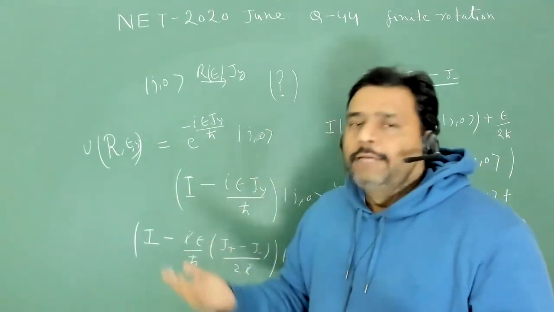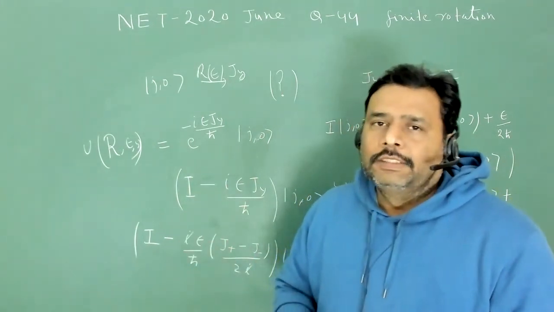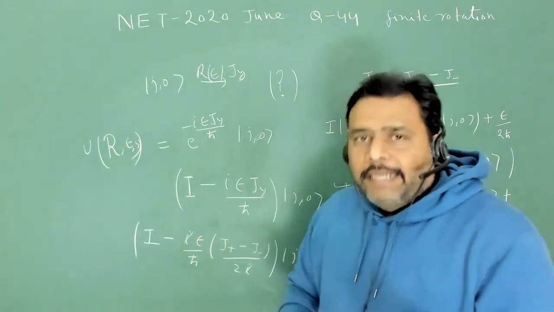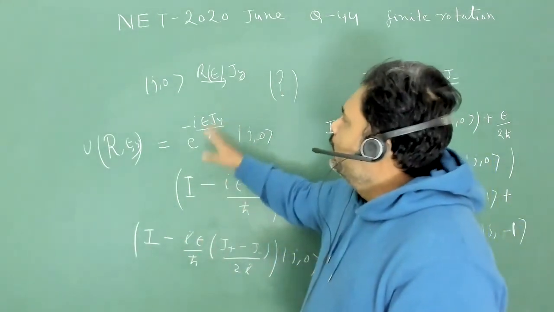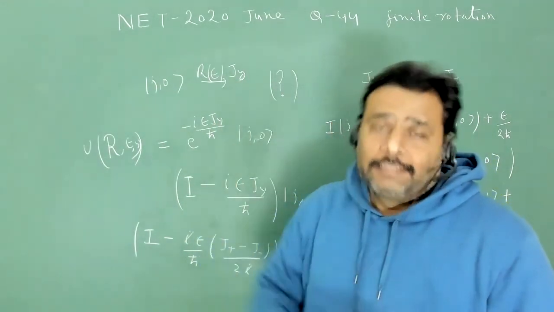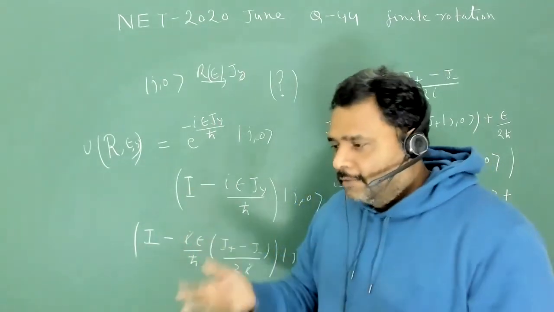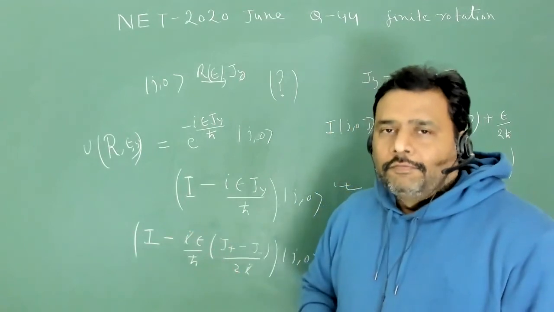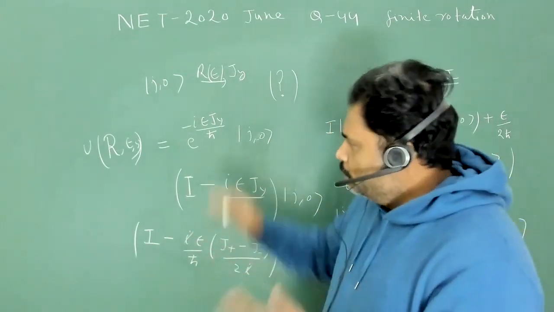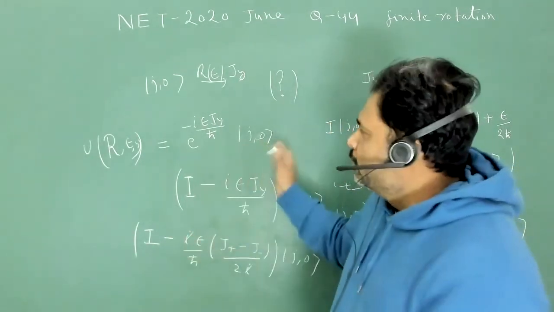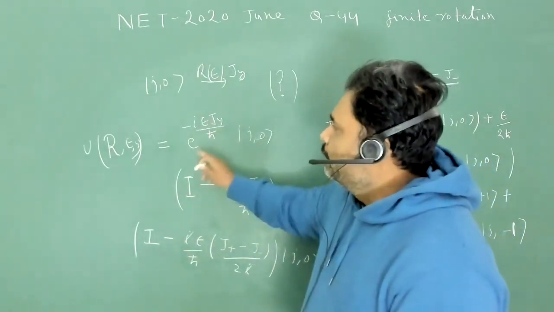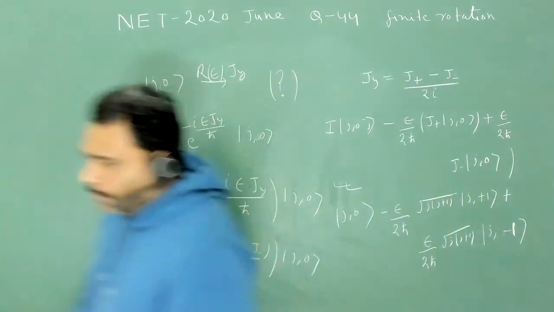This type of question can come in your examination, and you can try what will happen when it is rotating in the z direction, or in the x direction. You have a lot of options to use this concept of the rotation matrix. Okay, thank you.